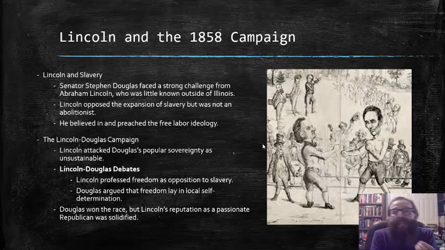Lincoln and Douglas engaged in a series of debates in this campaign that have since gone down as extremely famous, and some of the most important political discourses of the mid-19th century. Lincoln professed this idea of freedom as opposition to slavery. Douglas argued for his part that freedom lay in local self-determination, continuing to support his idea of popular sovereignty.